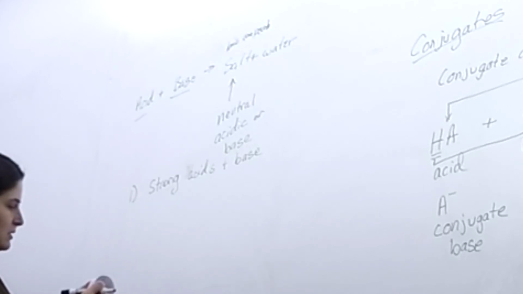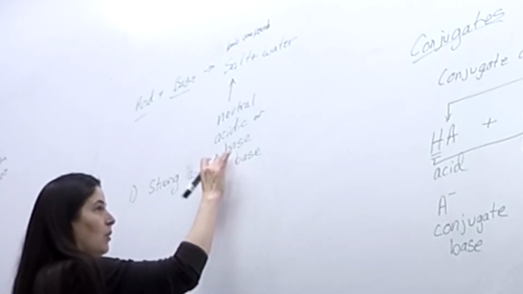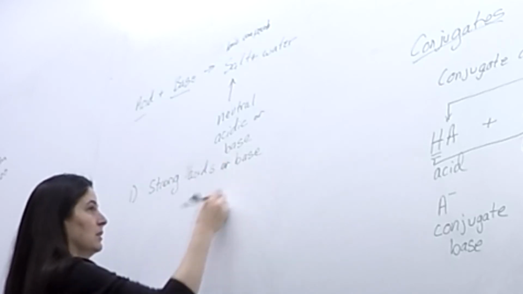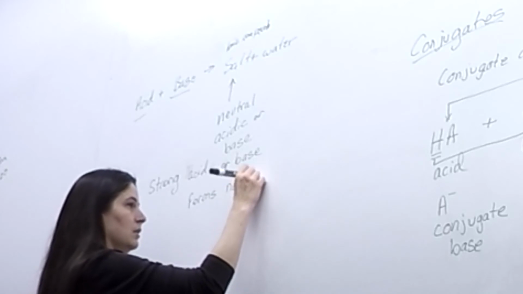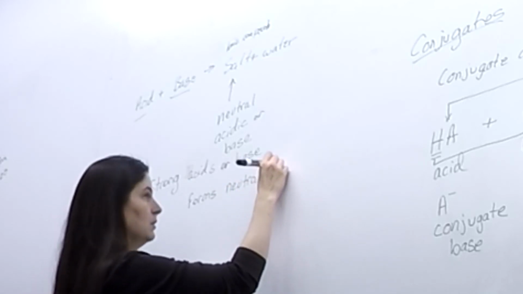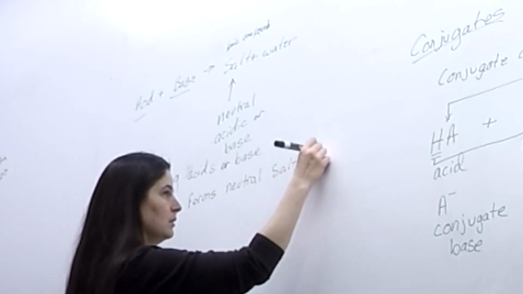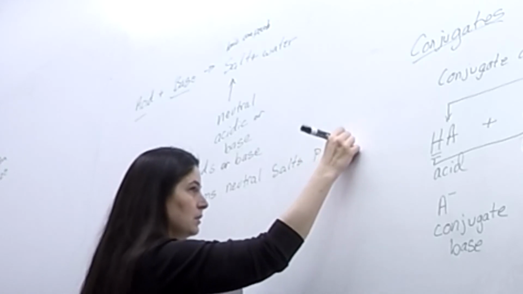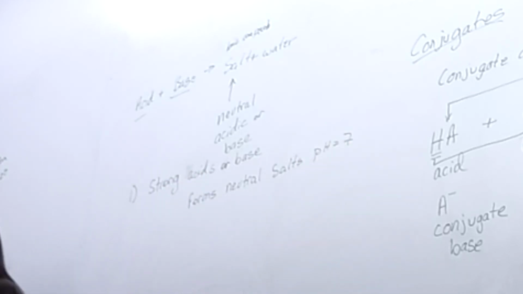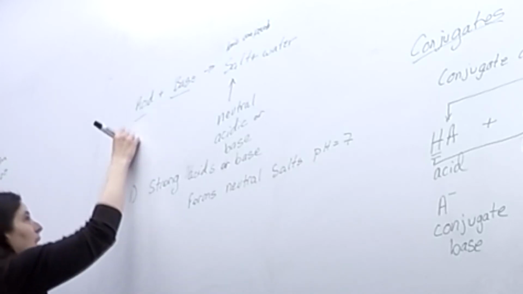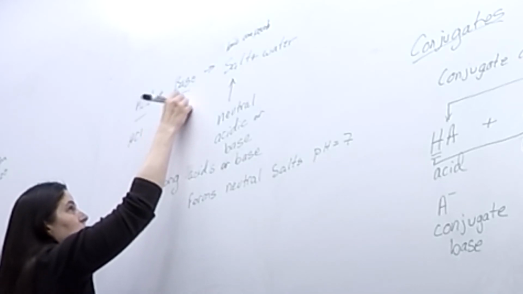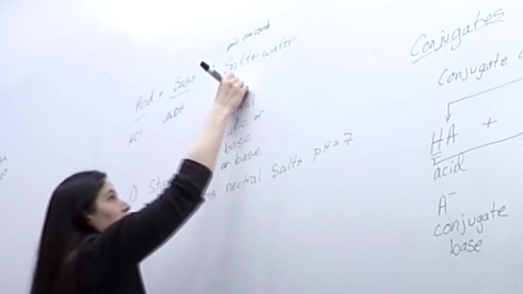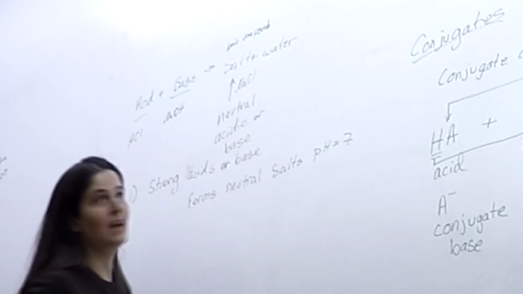A strong acid and a strong base will create neutral salts. So if you react a strong acid like HCl with a strong base like NaOH, the salt you create is NaCl.